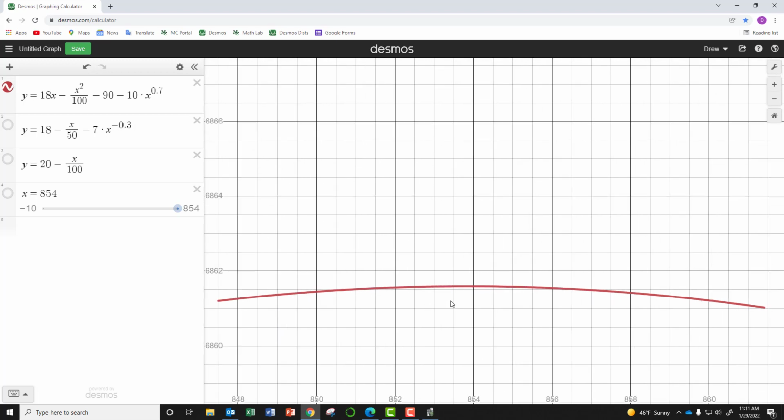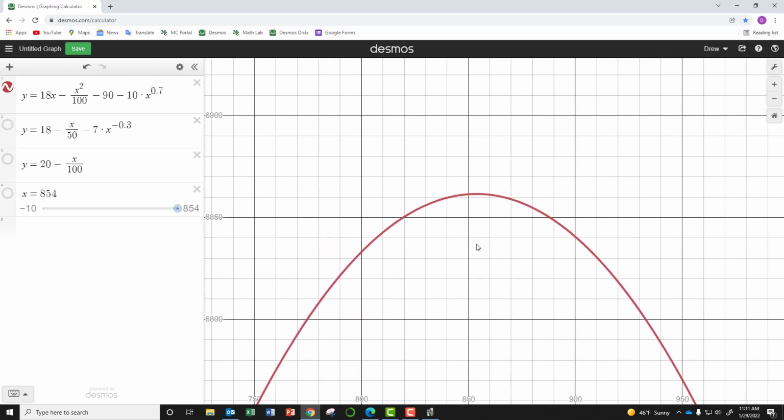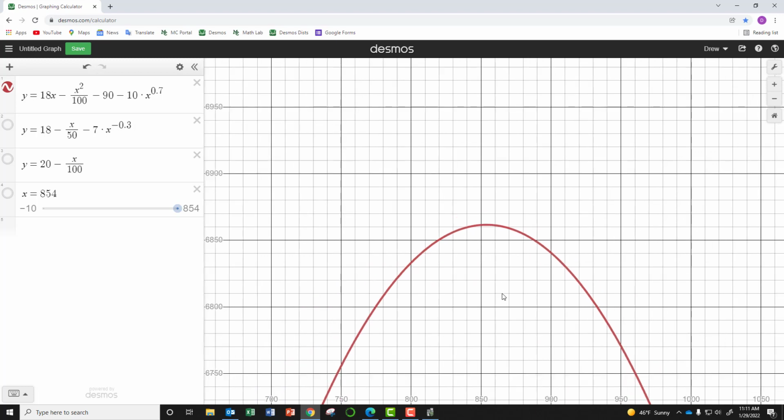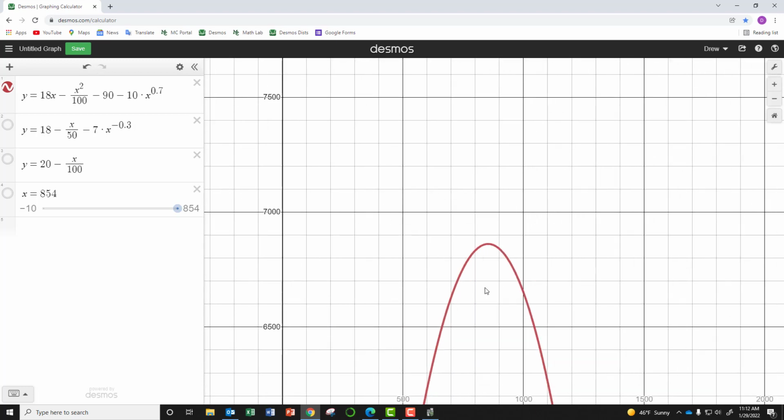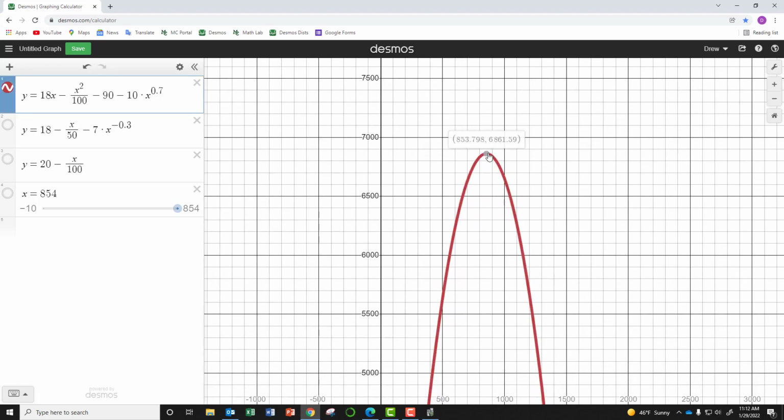Now you may know that the slope of a horizontal line is 0. And you may also know that the derivative is just the slope of a tangent line at any given point along the curve.